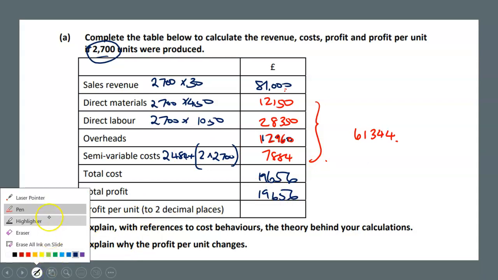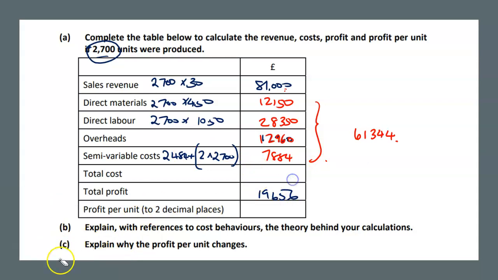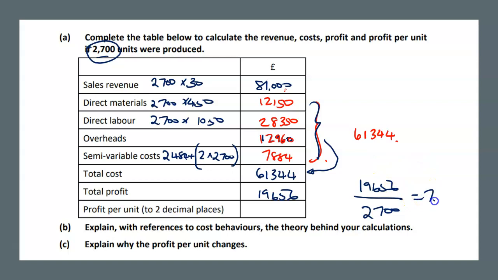I didn't even see that there was a space there for me to do that. This is 61,344. That's the total cost, right? Total cost of all of that. And then I can find the profit per unit because that's 19,656 divided by 2,700, and that gives me £7.28 per unit.